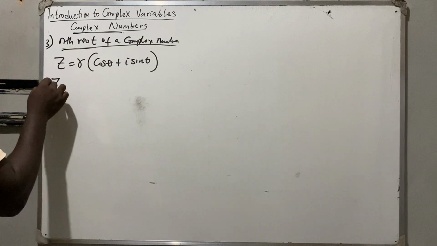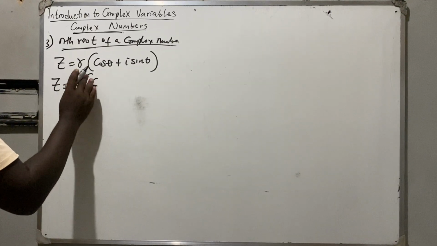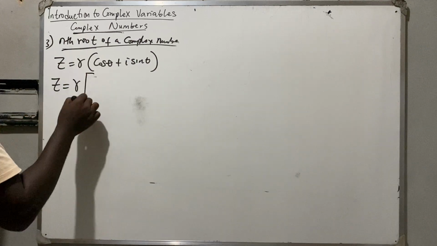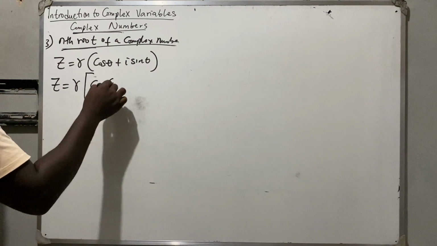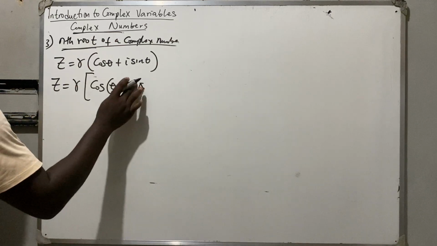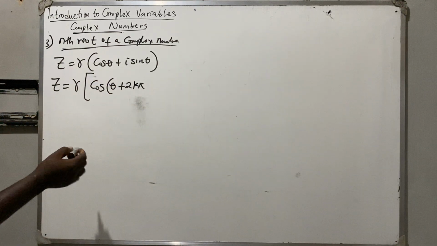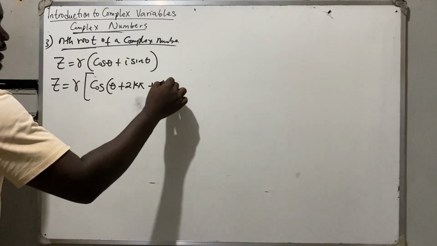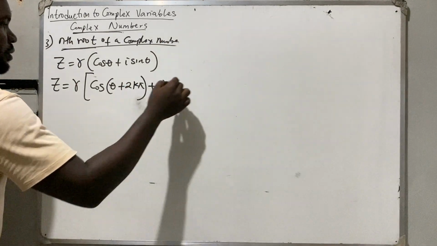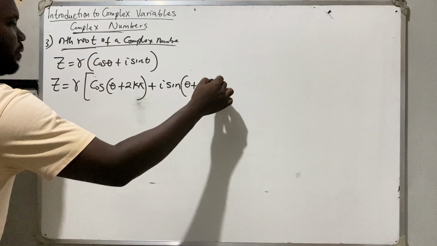So z is equal to r in bracket of cos of theta plus 2n pi. Let me change it to 2k pi, because you can use any letter, plus i sine of theta plus 2k pi.